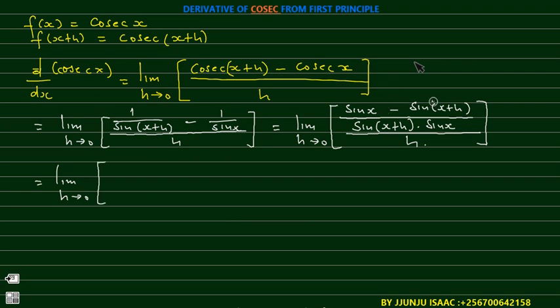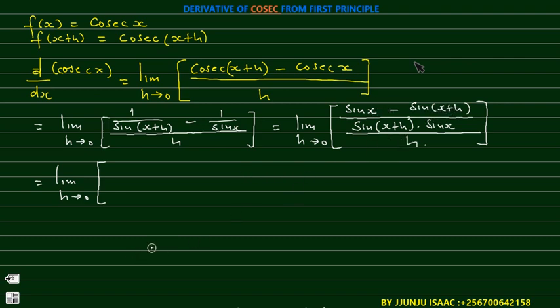Now I want you to first observe here that we have sine x minus sine x plus h. Now this is a trigonometric identity which can be written as 2 cos x plus h divided by 2 sine x minus x plus h divided by 2.